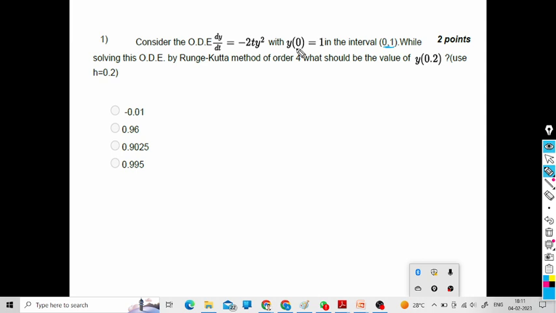Now you have to take h equal to 0.2 and you have to calculate the value at y of 0.2. So start your solution by using Runge-Kutta method of order 4.